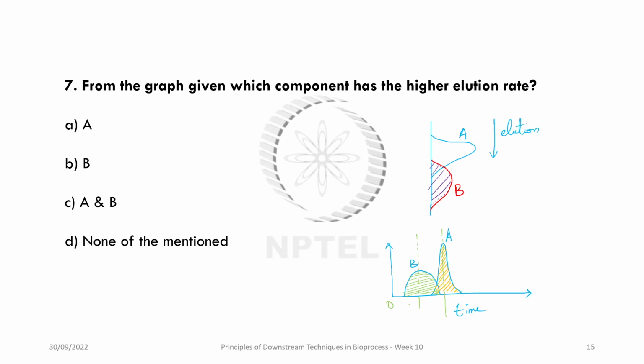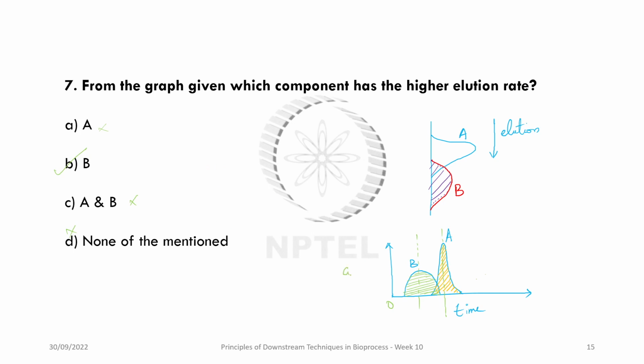Even if you argue that in this frame B is probably having a lower molecular weight or something, until we have a mixture, or any point before this, you can say that B has a higher elution rate than A. So it got eluted before A. Correct? It's not A definitely. None of the mentioned is a bogus option. So it is B.